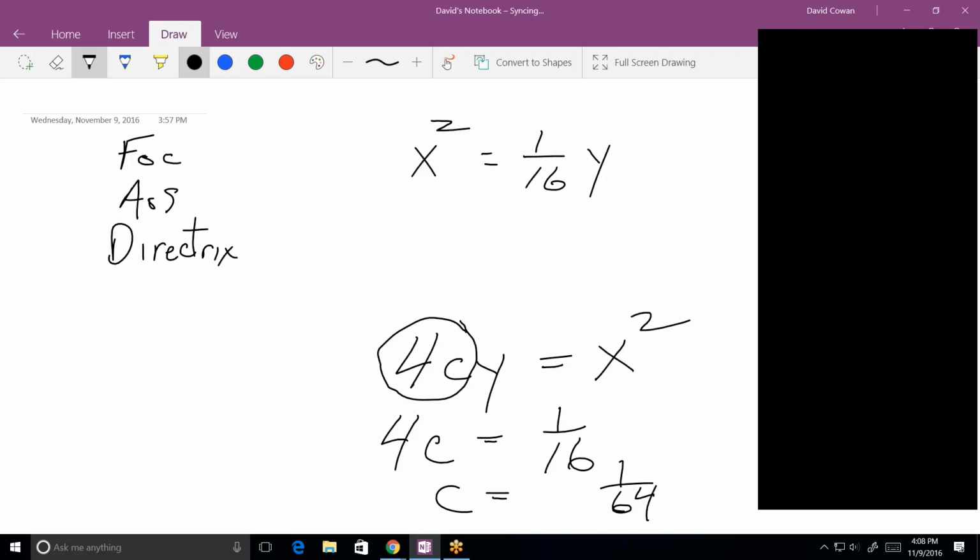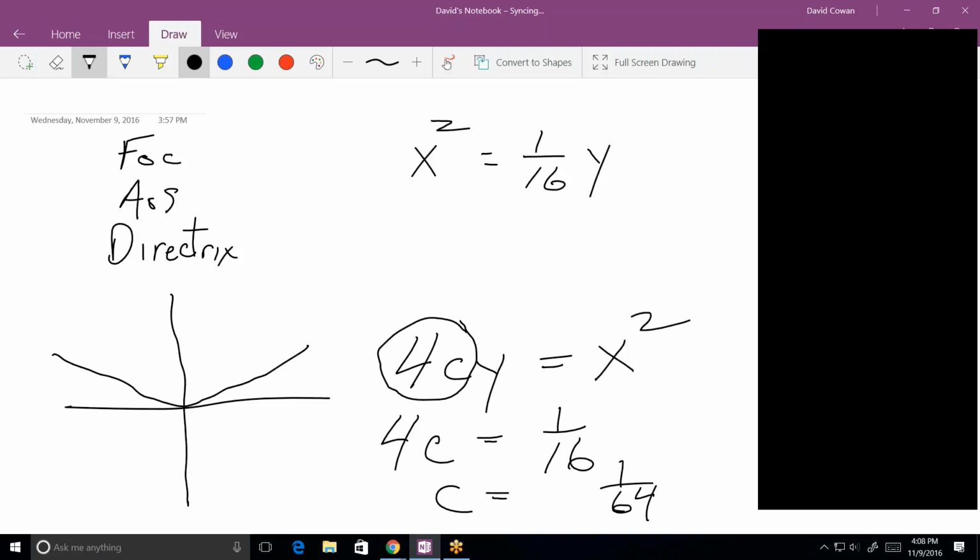Now, let's talk about the things they asked for. First of all, we know this is a parabola that's flatter than a typical parabola, right? In other words, it's going to look something like this, because 1/16 is less than 1.